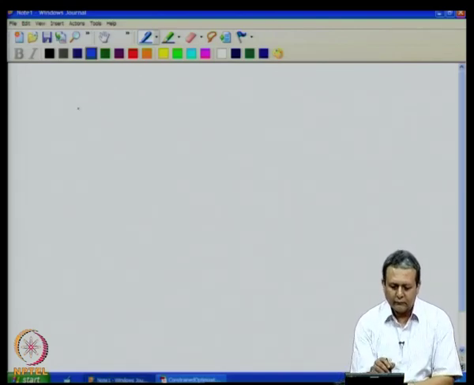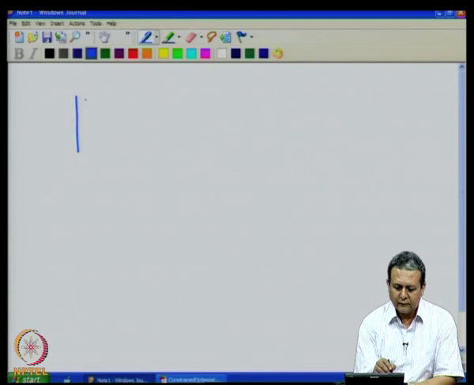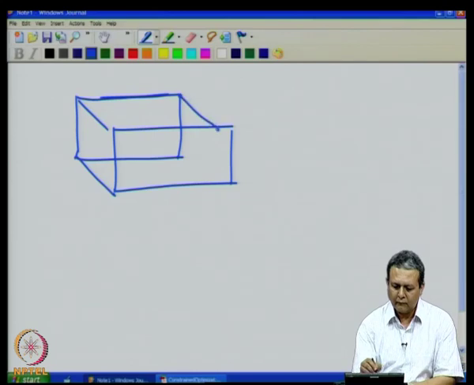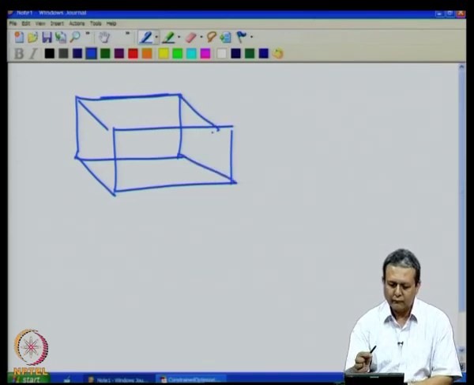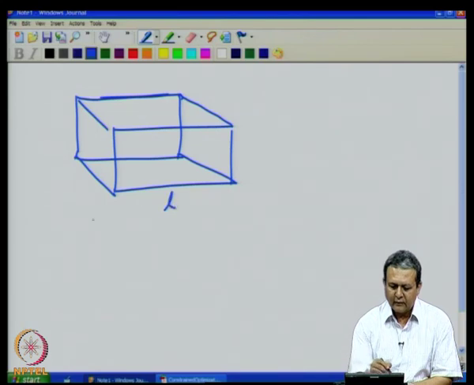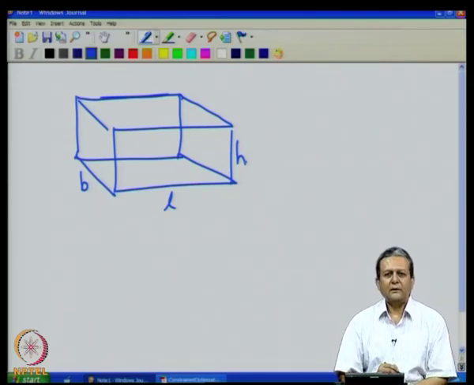So, if we take a box, let us assume that its length is L, breadth is B and the height is H. So, we are interested in finding the box of minimum surface area which can accommodate a certain volume V.